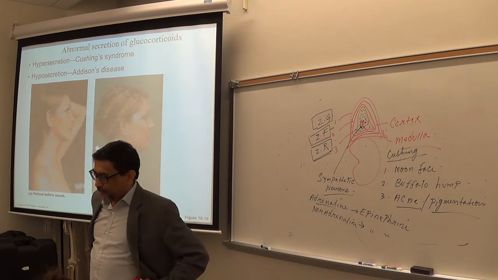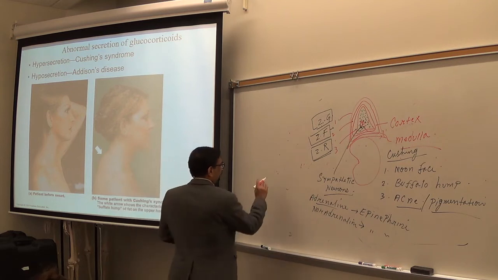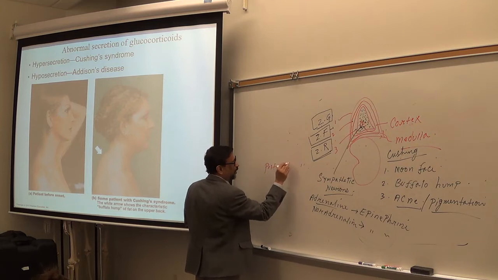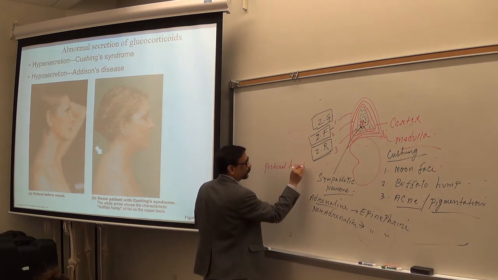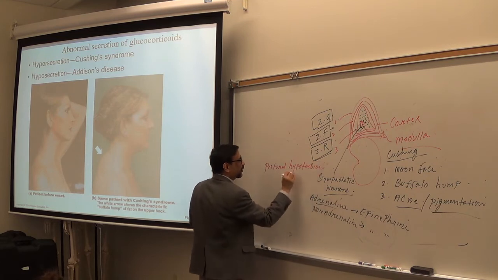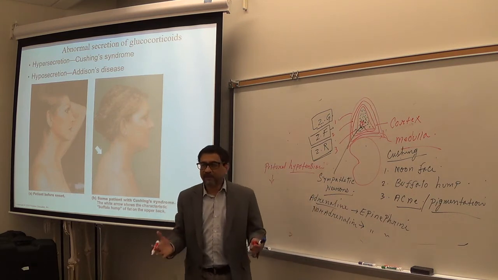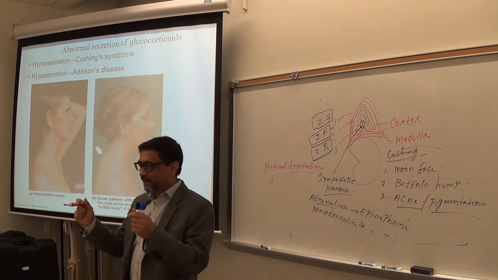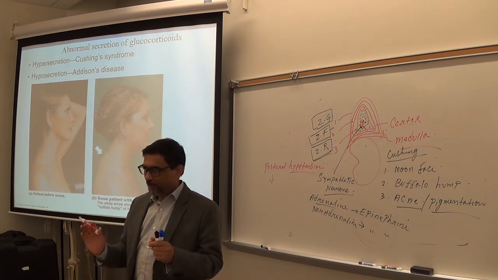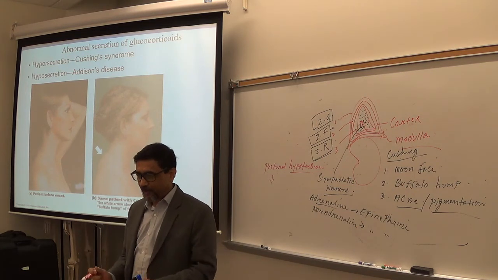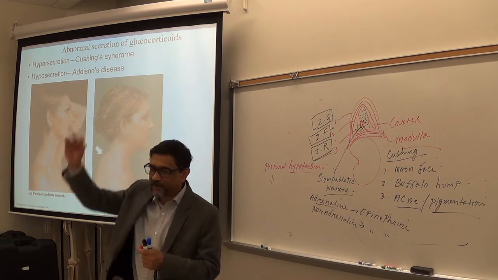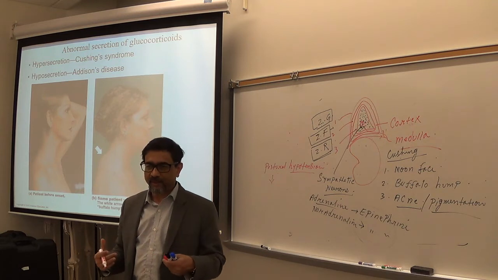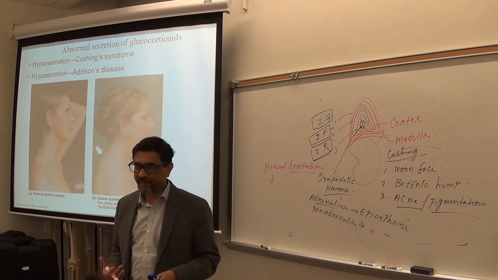Number two is called postural hypotension. When the person changes body position, like from sitting to standing or from lying to sitting, particularly in the vertical direction, the blood pressure drops a lot. Postural hypotension, also called orthostatic hypotension, similar.